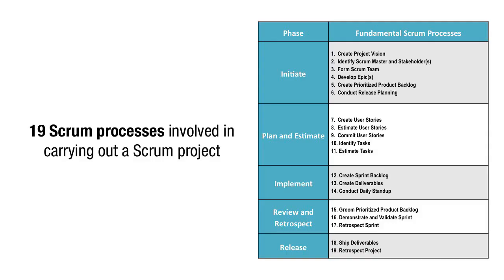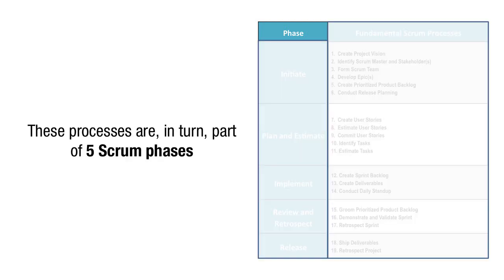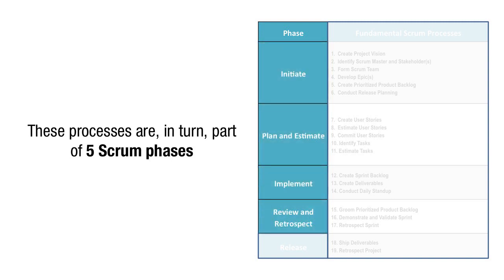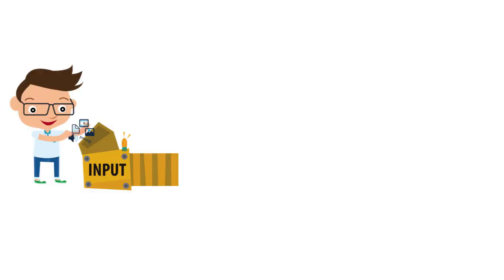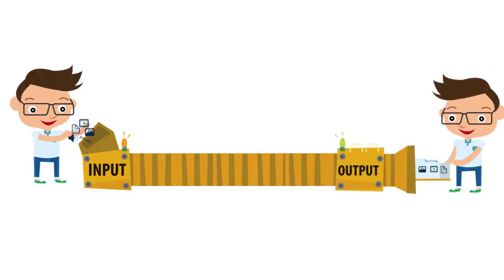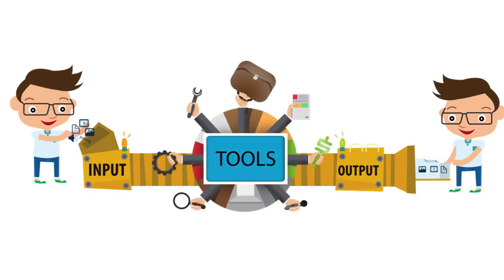Chapters 8 to 12 cover the 19 Scrum processes involved in carrying out a Scrum project. These processes are, in turn, part of 5 Scrum phases, which are initiate, plan and estimate, implement, review and retrospect, and release. The phases detail the associated inputs and outputs of each process, as well as the various tools that may be used in each.